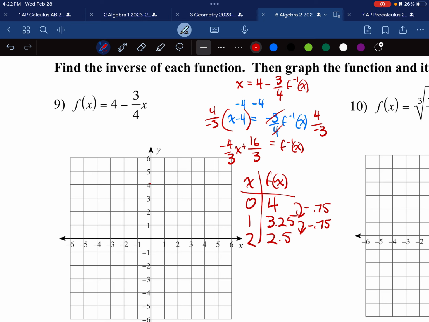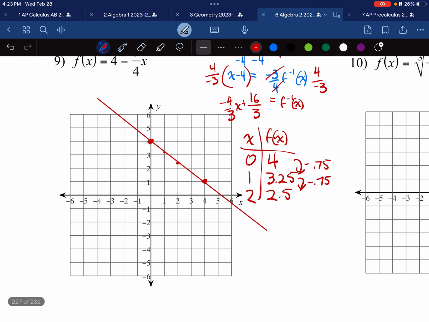So I can graph these: 0, 4; 1, 3.25; 2, 2.5; etc. But really what I should be doing is just using slope-intercept form. Y-intercept is 4, and I go right 4, down 3. So right 4, down 3 is this point right here, and I can just connect these with a straight line. And I should probably extend that as well. Okay, so there's our function.